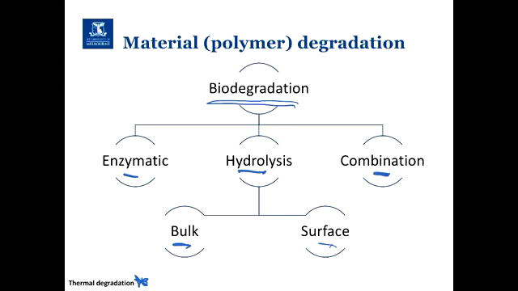But then also, devices need to be sterilised. There are a few ways to sterilise a material. One of them is an autoclave. So an autoclave is high steam and high pressure. So if your material undergoes thermal degradation, you pretty much rule out autoclaving as a method to sterilise your material.